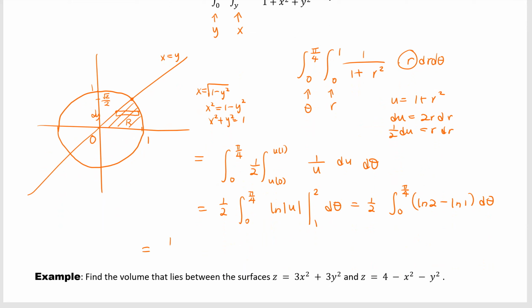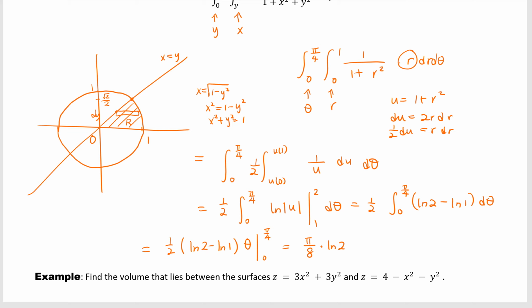So we have 1/2 times ln of 2 minus ln of 1 times theta, and theta goes from 0 to pi over 4. Plugging in pi over 4 gives pi over 8 times ln of 2 minus, ln of 1 is just 0, right? So it's just pi over 8 times ln of 2. That is our final answer.